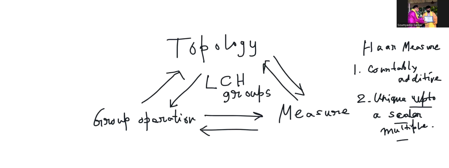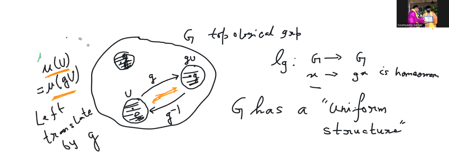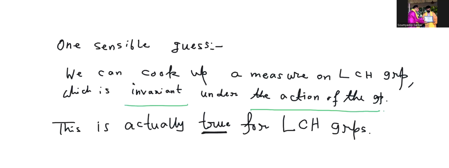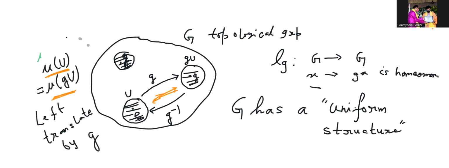So this kind of left invariant measure: in a locally compact Hausdorff group, you can cook up a Radon measure which is left invariant. That means the condition holds that the measure of U is the same as the measure of gU.